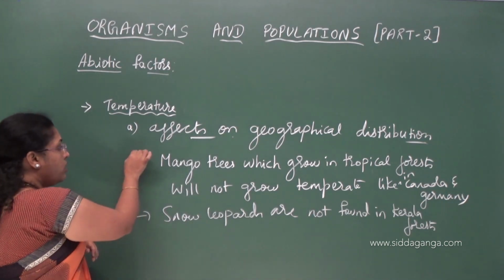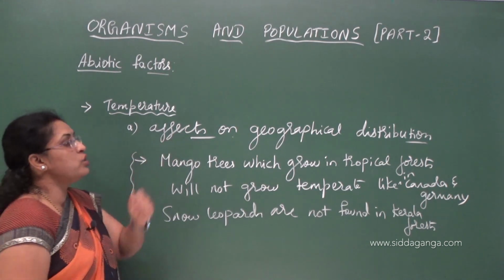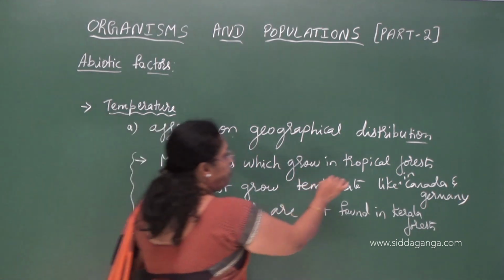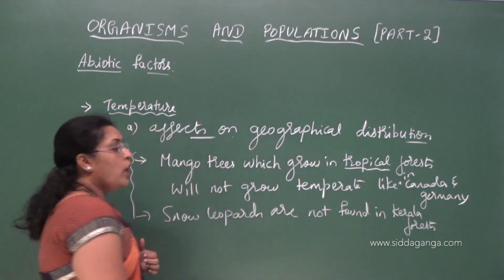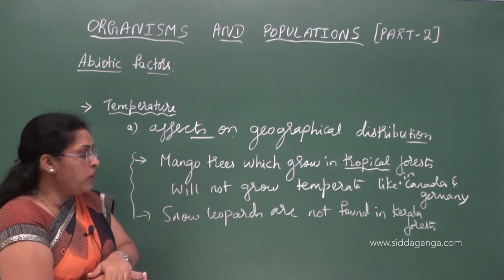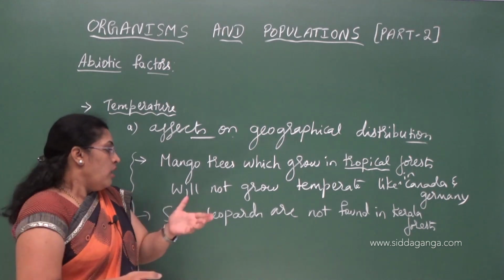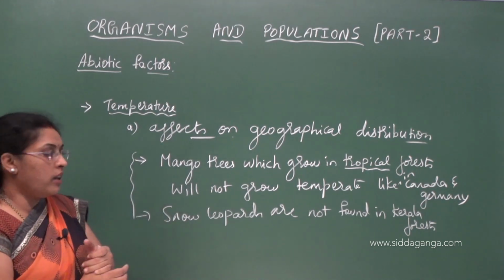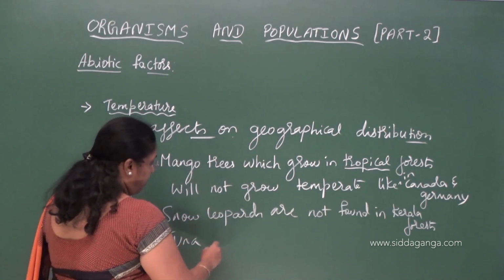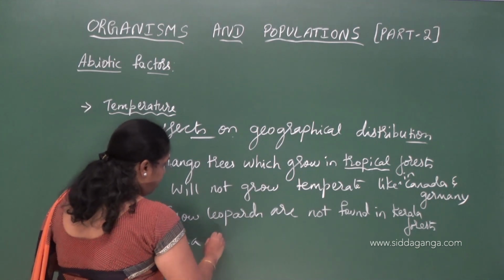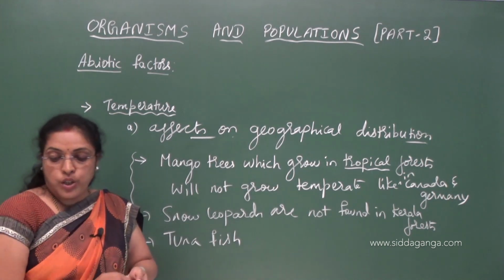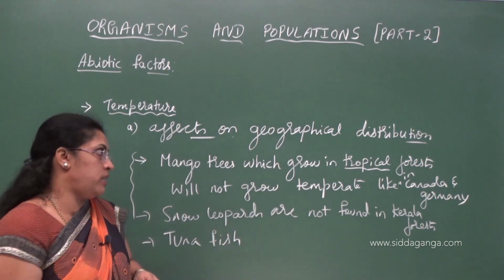So these three are examples of the effects on geographical distribution.